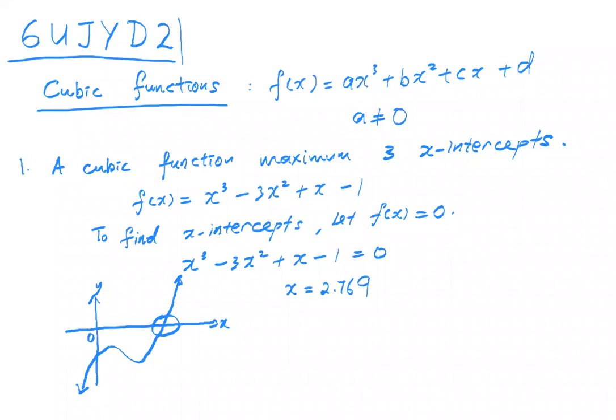Okay? So for a cubic function, the curve can have 2 turning points, maximum 2 turning points. So for a quadratic, how many maximum turning points? 1. And it definitely must have 1 and only 1 turning point, correct? And let me recall: do you know the name of the shape of a quadratic curve?